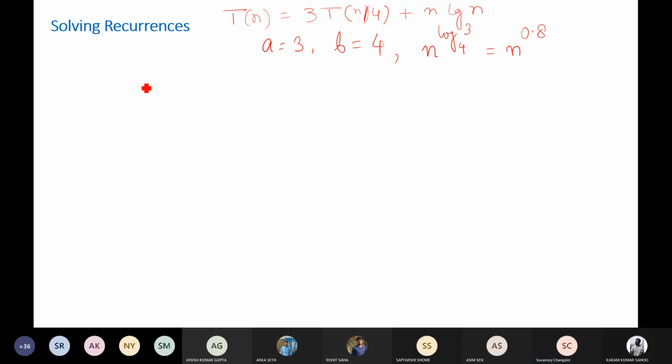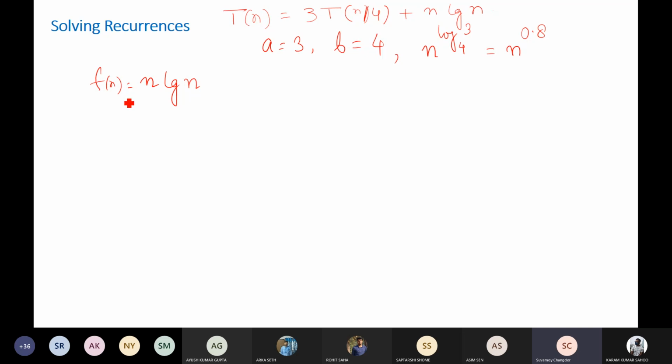Now we have f(n) equal to n log n. Now what is the minimum value of n log n in terms of n? You see that log 1 is 0, so f(n) cannot be 0, so we are not considering n equal to 1.